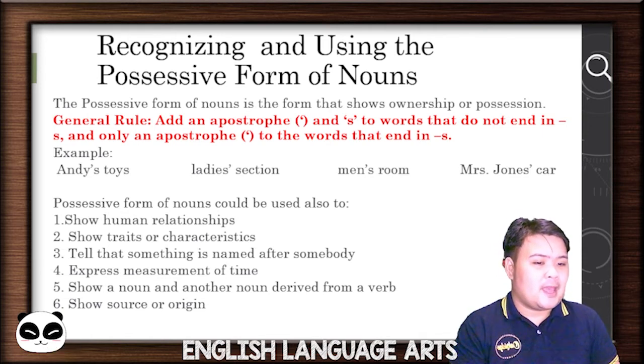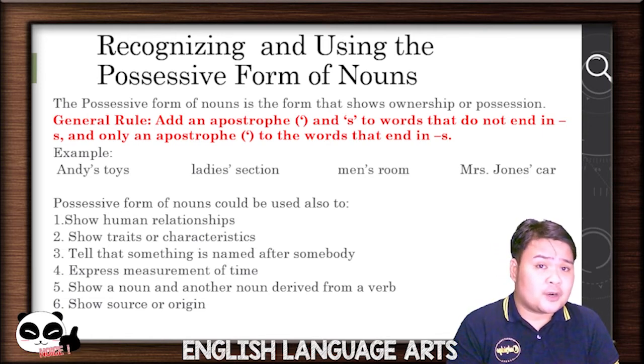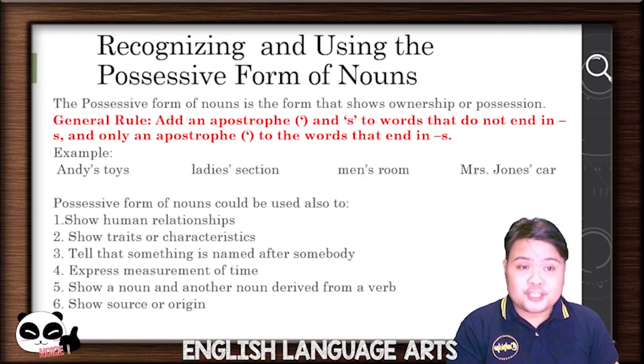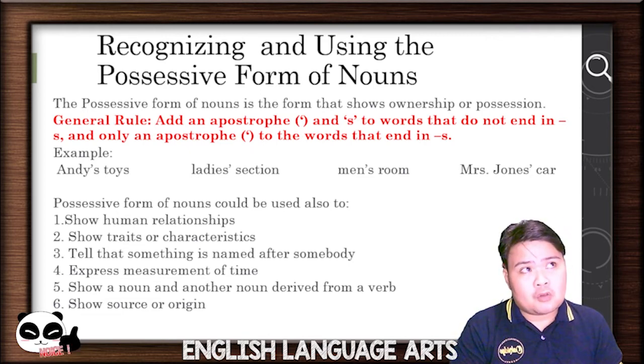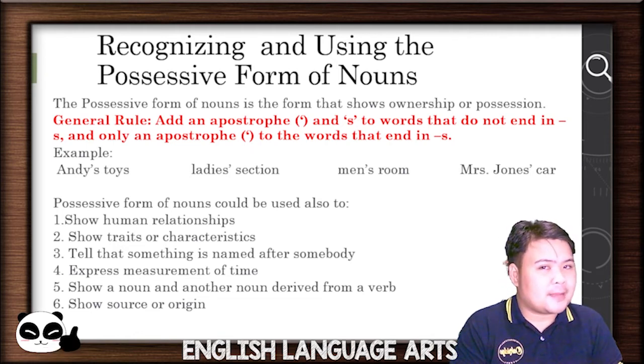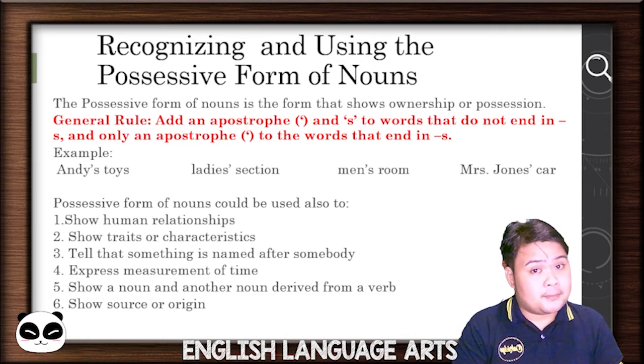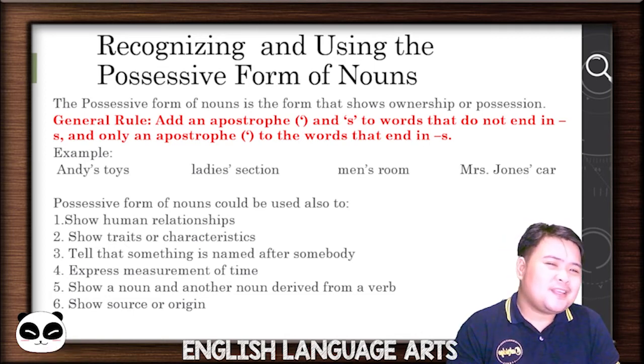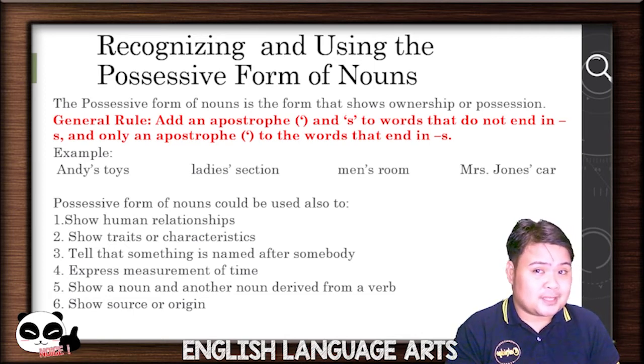Yes. And also number 6, to show source or origin. Take, for example, China's traditions, or for example, Japan's heritage, Korea's dramas. Yes. All of these are different ways of using the possessive form.